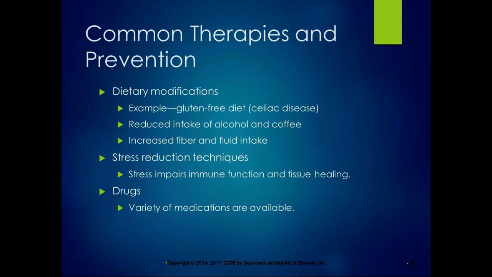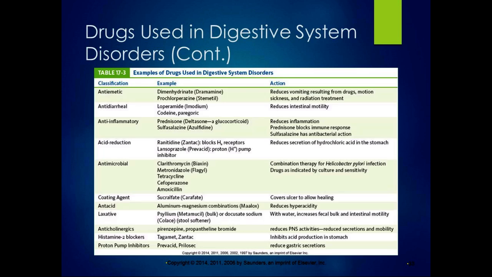Reduced intake of alcohol and coffee, because they can both have detrimental effects in your digestive system, and increased fiber and fluid intake. Stress reduction techniques can be common therapies for digestive disorders because stress impairs immune function and tissue healing. And then there's a variety of drugs that are used for different disorders.